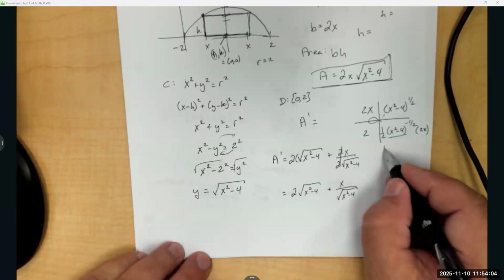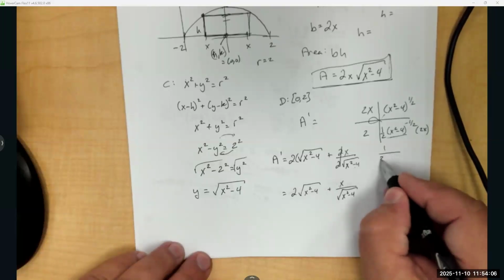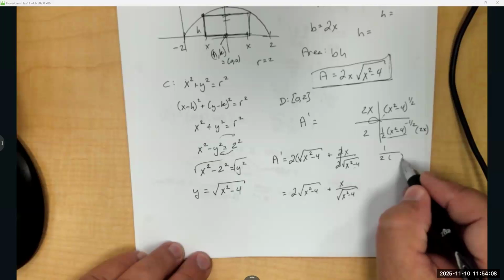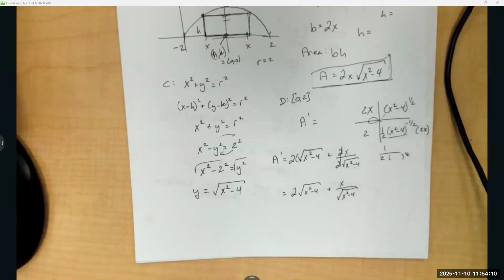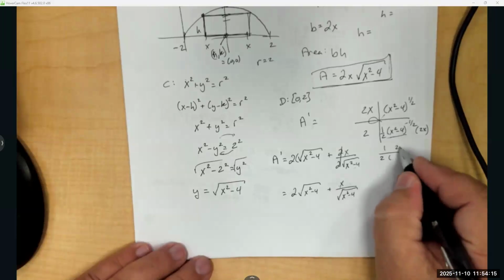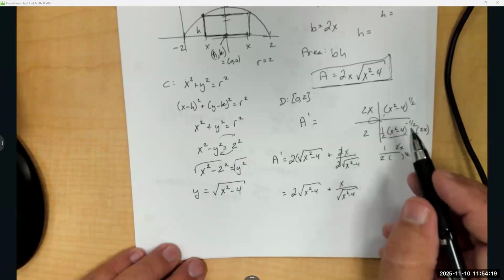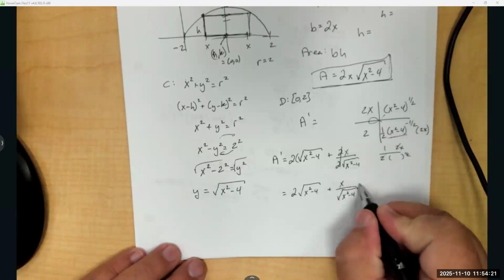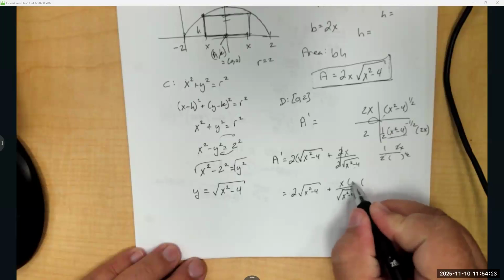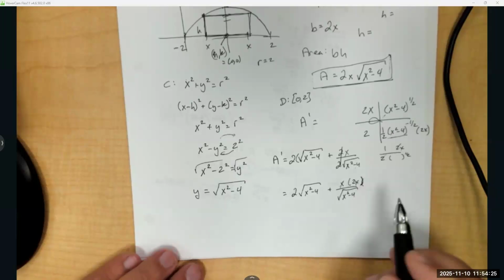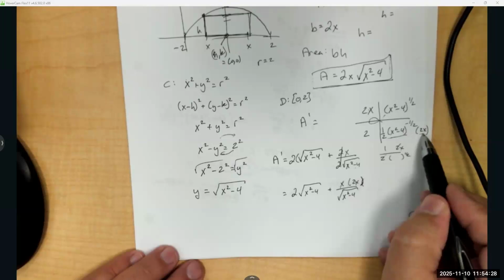So it would be 1/2 times that. Times 2x. Oops, hold it. I got that. So I have times 2x. Was this times this. I forgot about that 2x there.